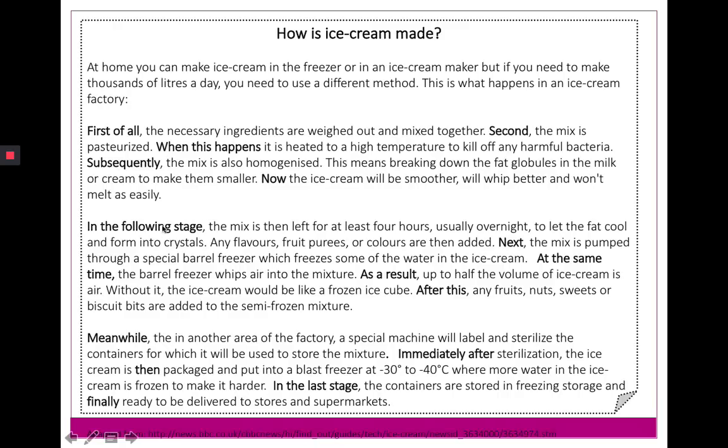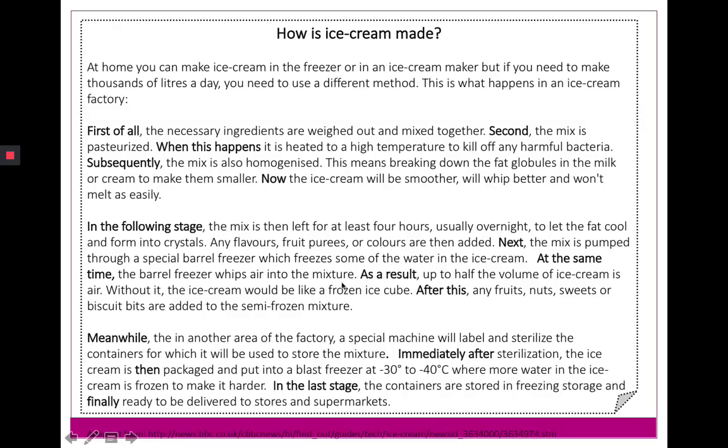Okay, moving on. In the following stage, the mix is then left for at least 4 hours, usually overnight, to let the fat cool and form into crystals. Any flavors, fruit purees, or colors are then added. Next, the mix is pumped through a special barrel freezer, which freezes some of the water in the ice cream.